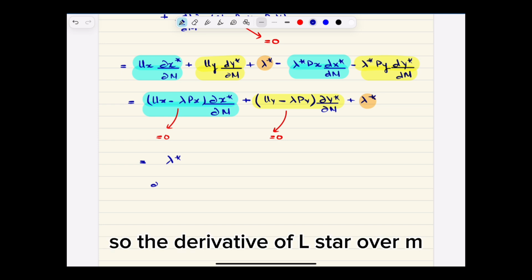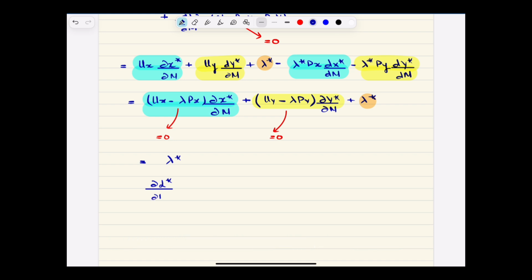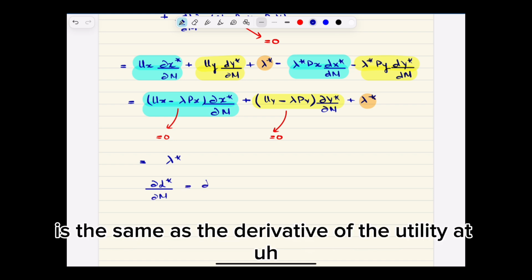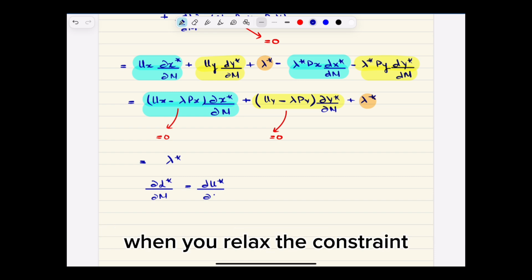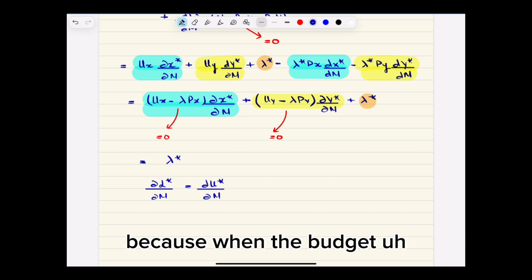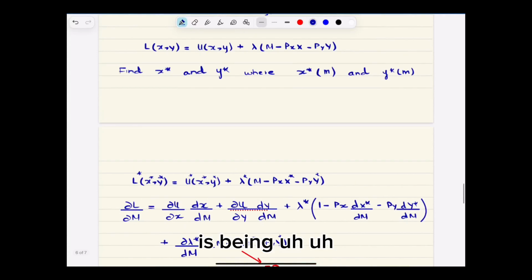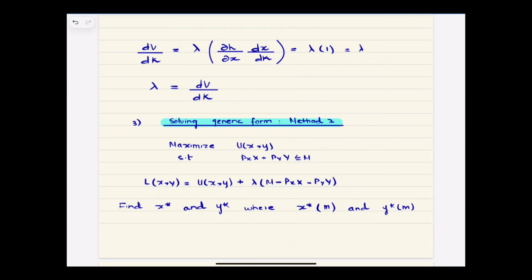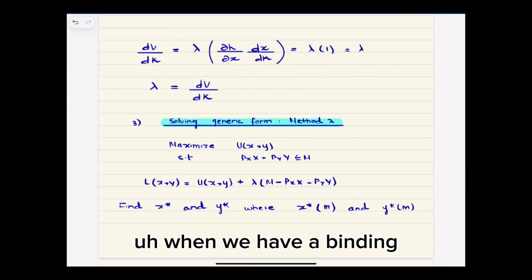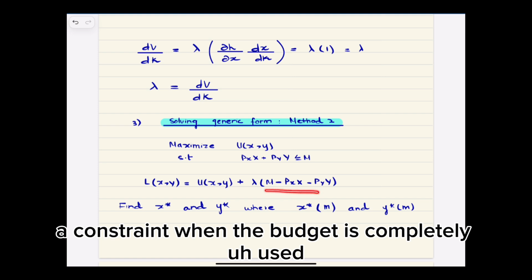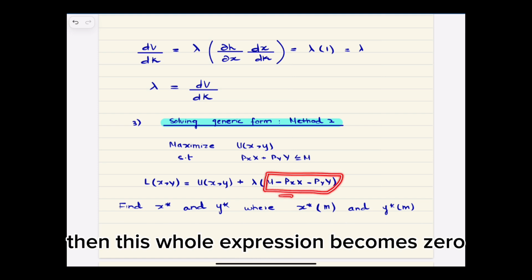So the derivative of L star over M, which I told you is the same as the derivative of the utility when you relax the constraint, because when we have a binding constraint, when the budget is completely used, then this whole expression becomes 0.